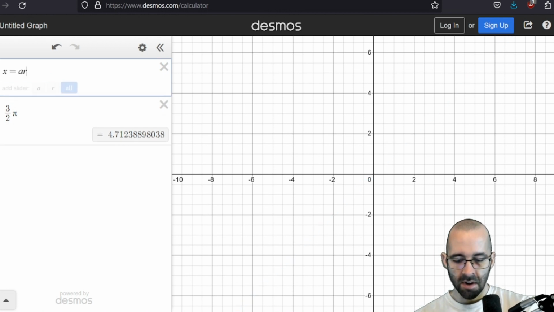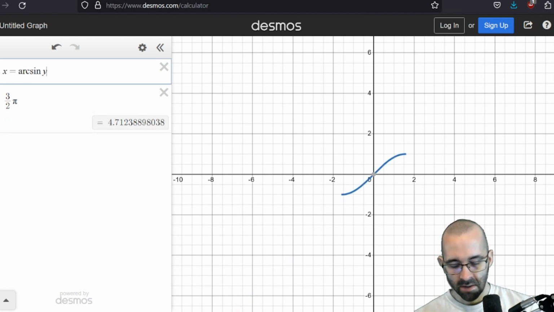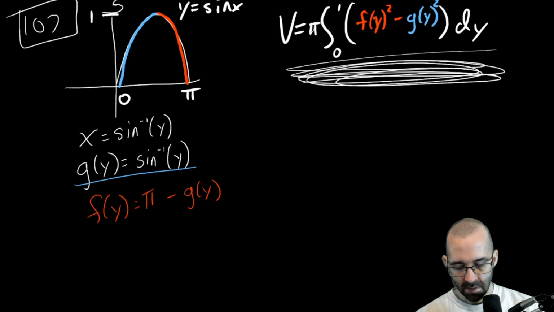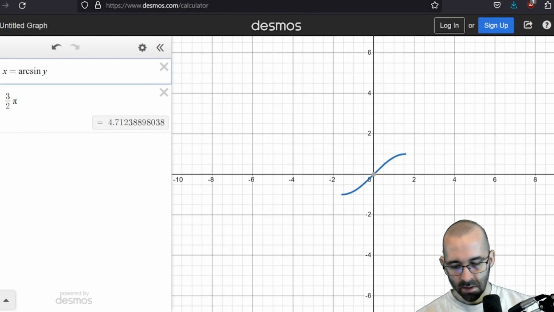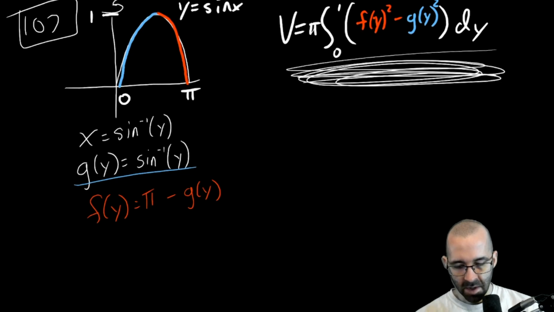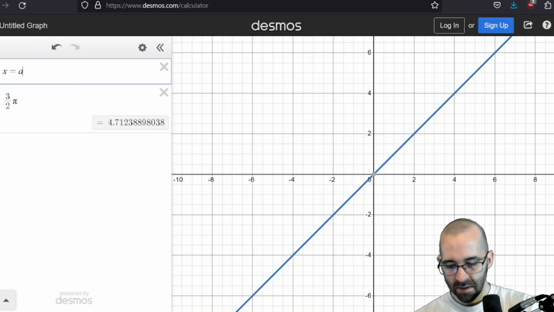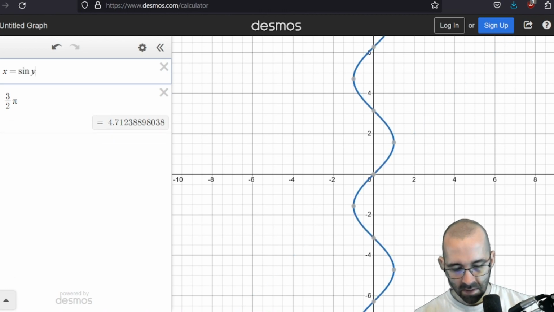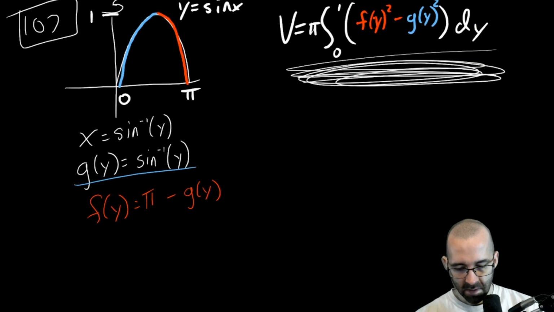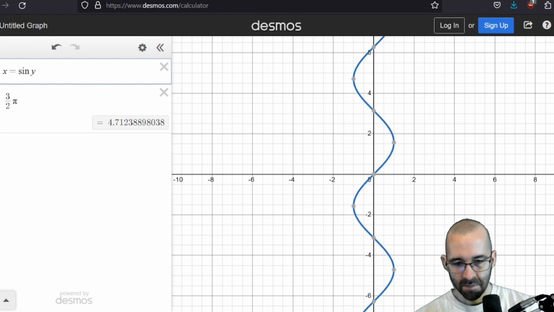So x equals arcsine of y. Wait, am I losing my mind? I might be losing my mind. That's not the shape I wanted at all. That's not the shape I want either.